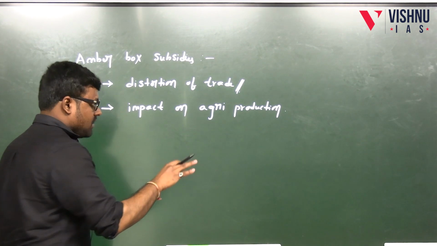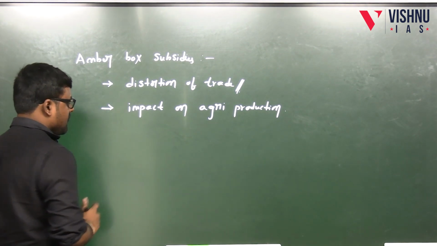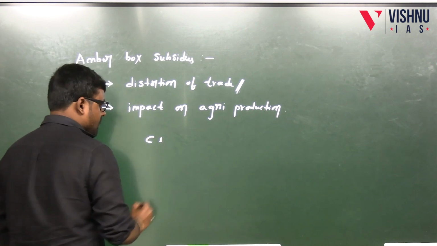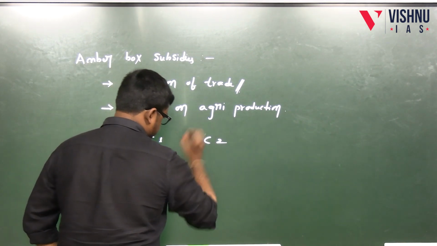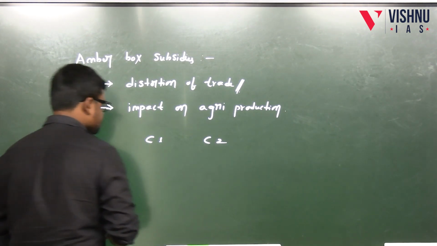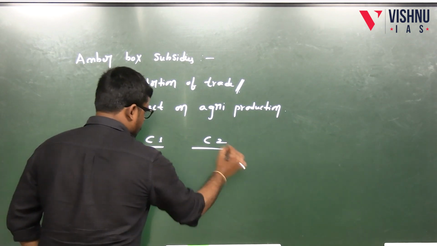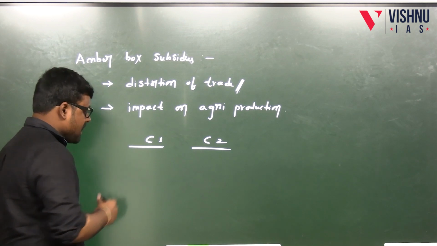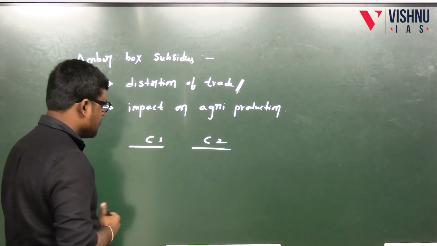Okay, so I will explain. Don't worry. Suppose let us take, there is country 1 and then there is country 2. Now, in country 1, there is a farmer, and the farmer is producing agricultural output.